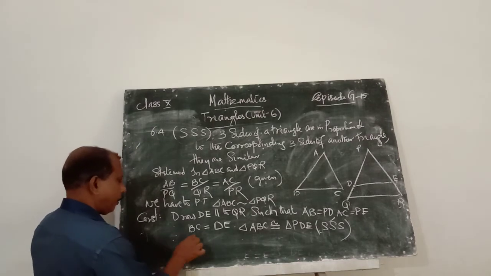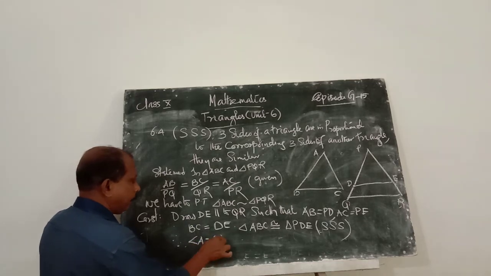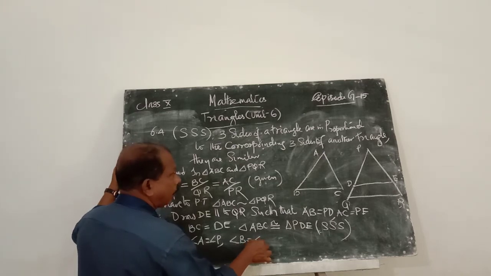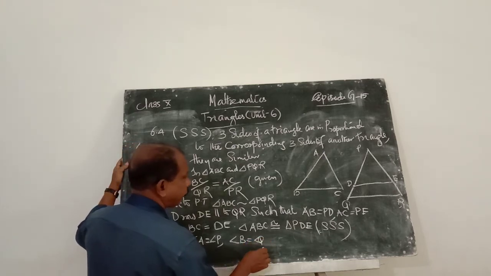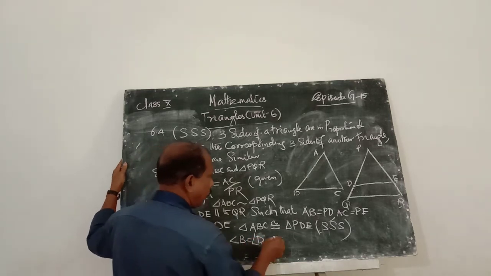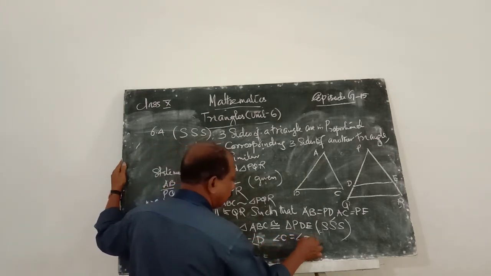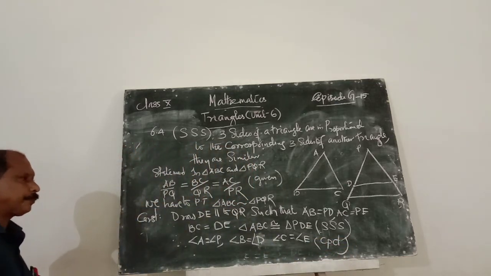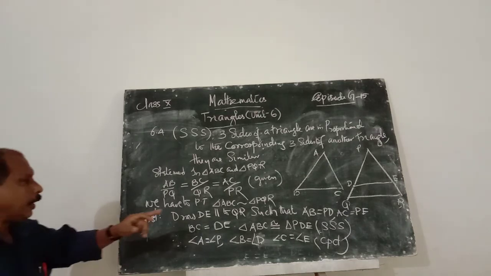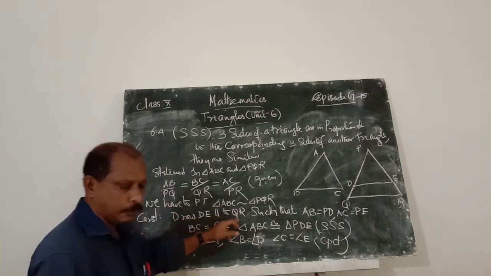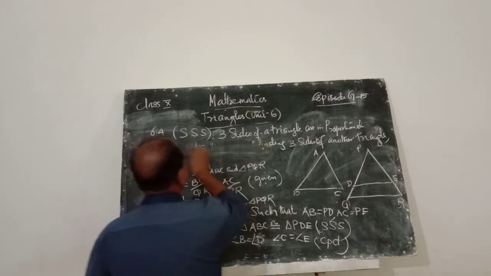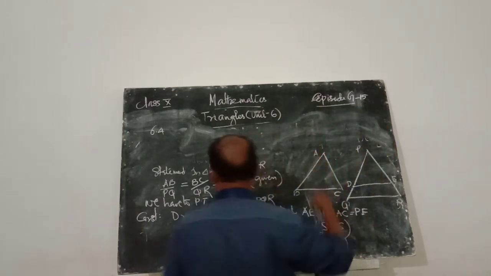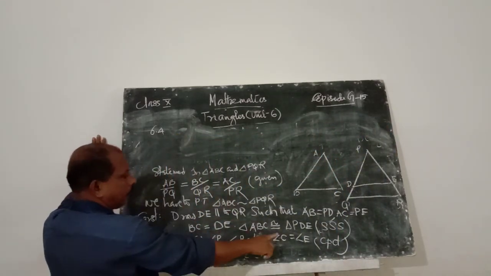Therefore, angle A is equal to angle P, angle B is equal to angle D, angle C is equal to angle E. That is CPCT. Clear? We know that DE is parallel to QR.